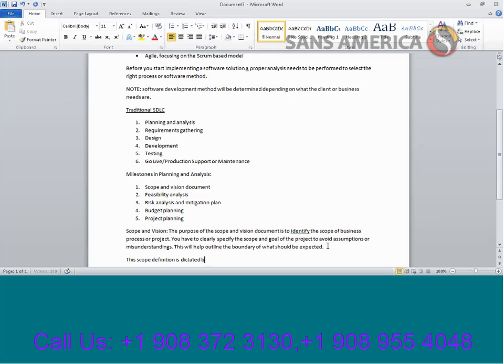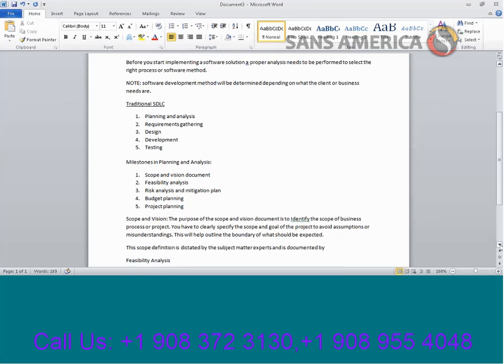Now, question number two. Who is documenting the scope and vision? Depending on the customer, depending on the client location, there could be two possibilities. Number one, I have seen stakeholders or clients who actually document the scope and vision.